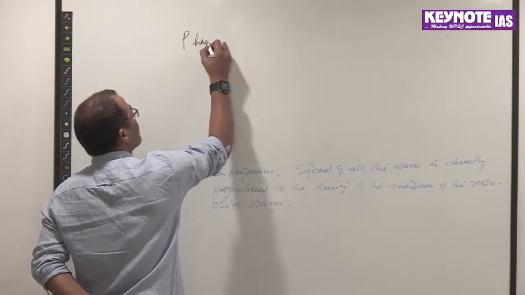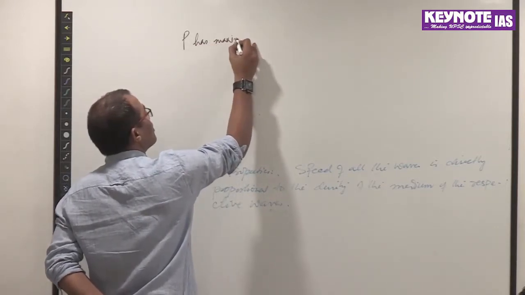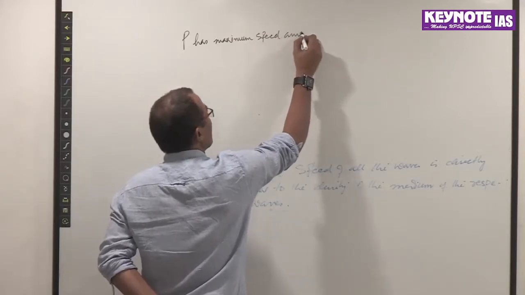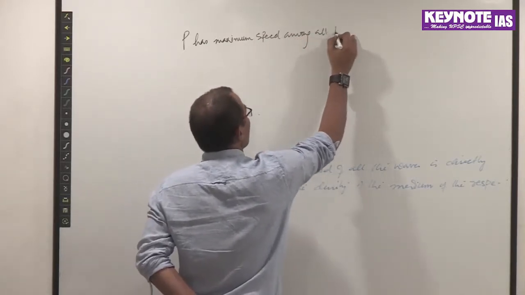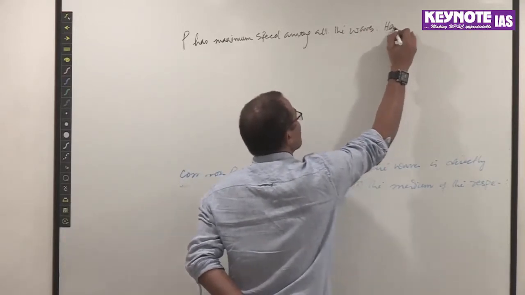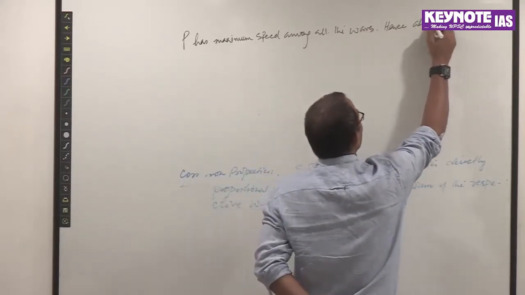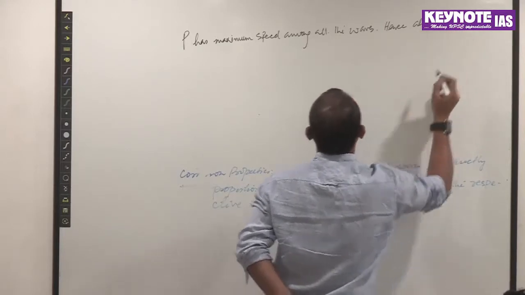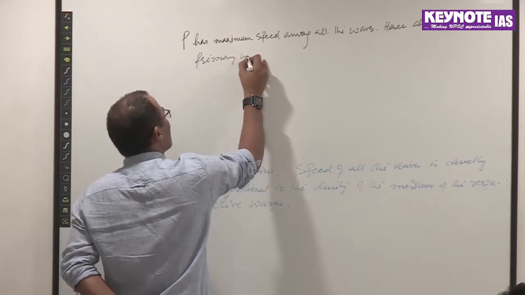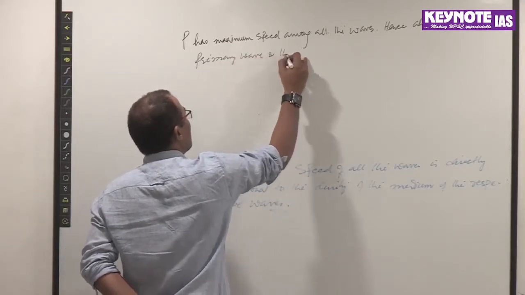P has maximum speed among all the waves, hence also called primary wave, and the letter P.